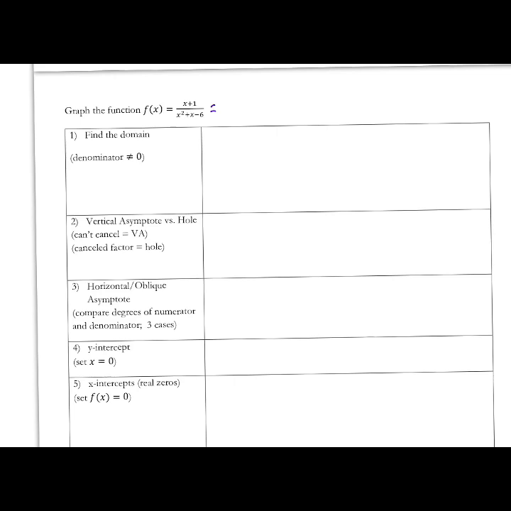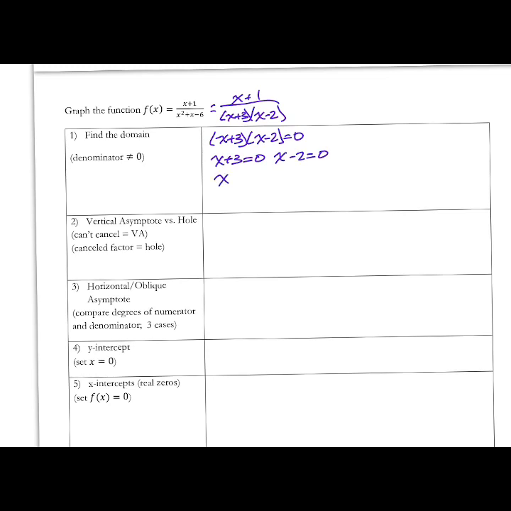And since I know that my denominator is the same, it is still x plus 3 times x minus 2. So I left the denominator the same. So I set it equal to 0. So I've got x plus 3 times x minus 2 equals 0. So x plus 3 equals 0 and x minus 2 equals 0.